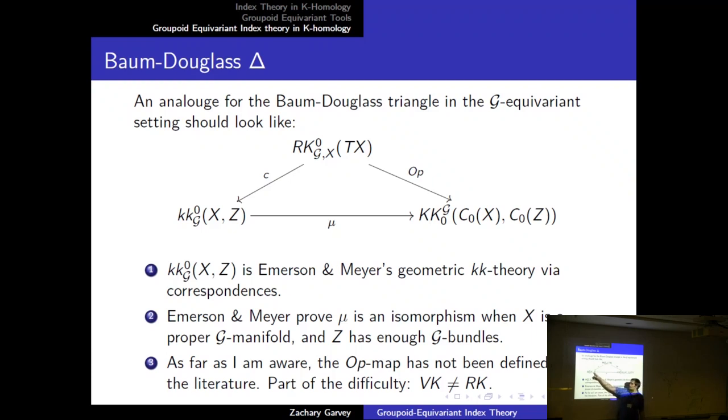So the map from Tx to Z is K-oriented because Tx is a spin-C manifold in a fairly canonical way. And the map to X is X compactly supported, right? Because it's... yeah. I'll just leave it at that.